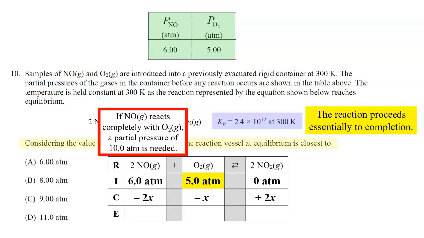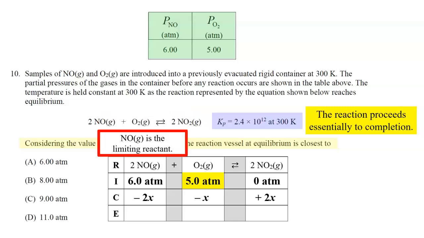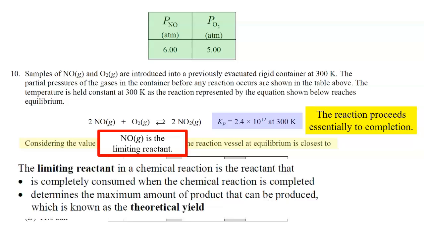Based on that 2 to 1 mole ratio, I would need an initial partial pressure for nitrogen monoxide of 10 atmospheres. But there's only 6 atmospheres of nitrogen monoxide available, so that makes nitrogen monoxide the limiting reactant because I don't have enough nitrogen monoxide to react completely with all of the oxygen.